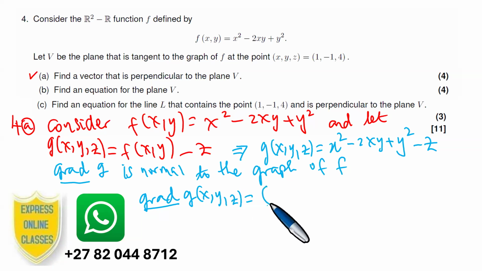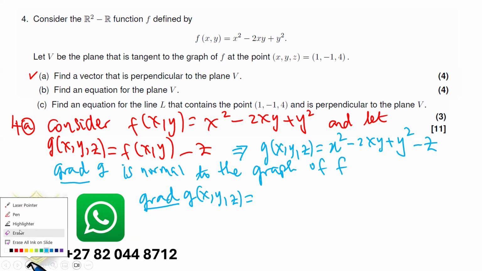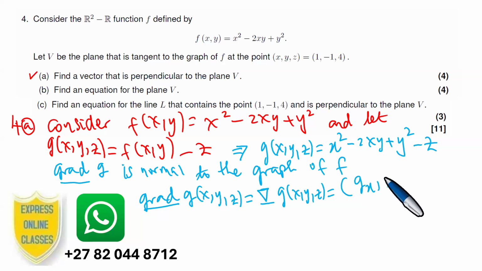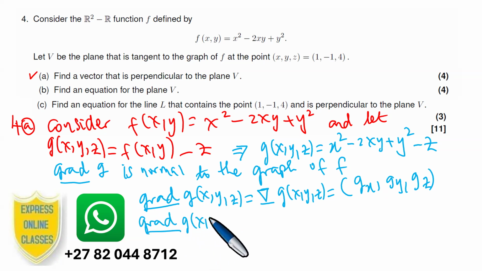The gradient of g can be written as the partial derivatives gx, gy, and gz.